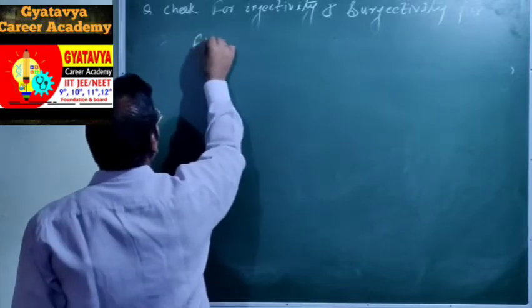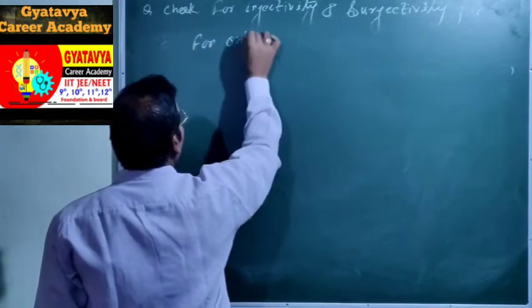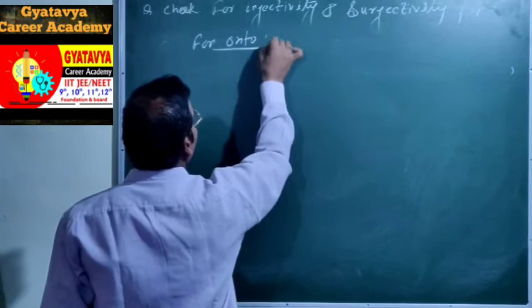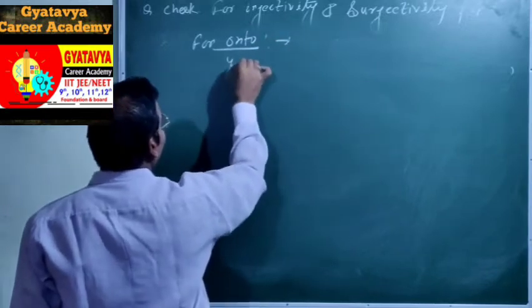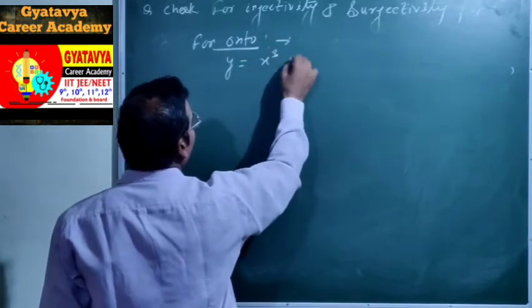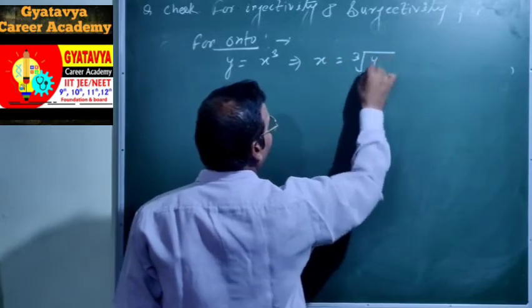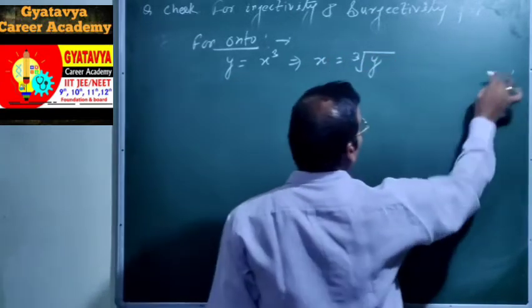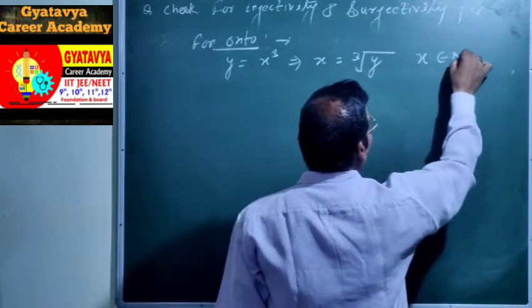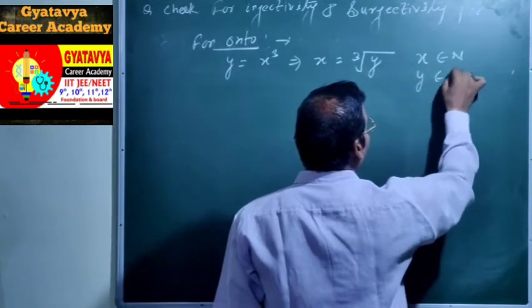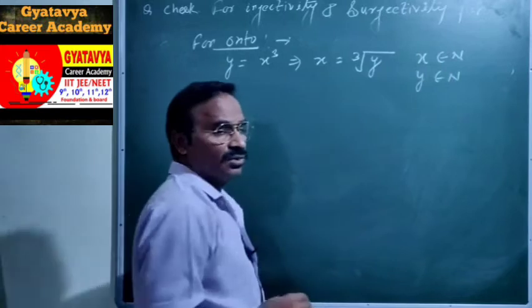So for onto, take f(x) as y equal to x cube. Now x equal to cube root of y. Here x belongs to natural numbers, y belongs to natural numbers.